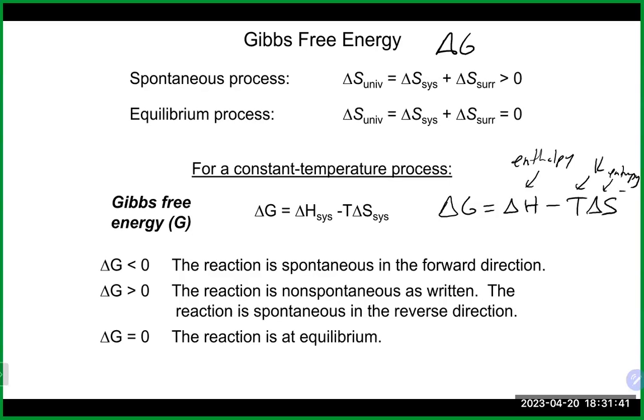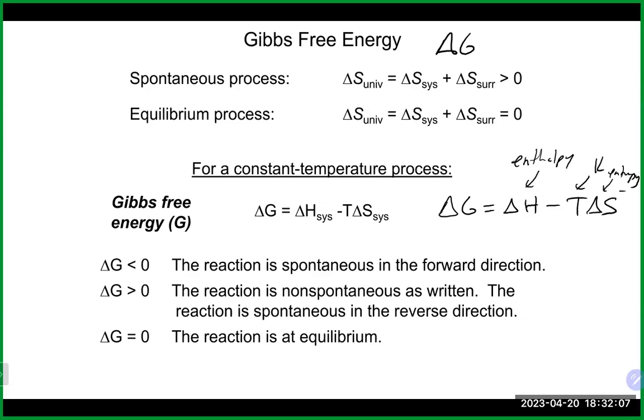But if you flip the reaction around, it will become spontaneous. That's because it's non-spontaneous with our reactants and products difference, but when we flip it around, our reactants become our products, the sign changes, and it will then become a spontaneous reaction. So negative delta G, spontaneous reaction; positive delta G, non-spontaneous reaction, the way the reaction is written.